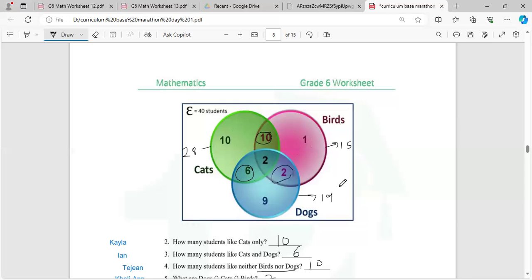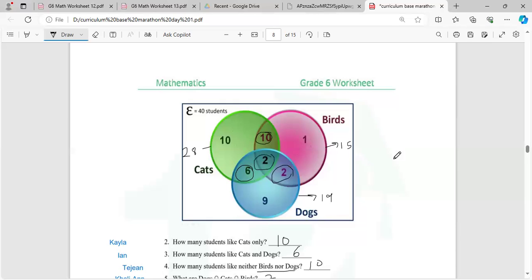Sir, for cats and birds, how many people like cats and birds? Sir, I got 12. Which is 10. Oh, 2. But tell you what, you see these 2, that represents all 3.